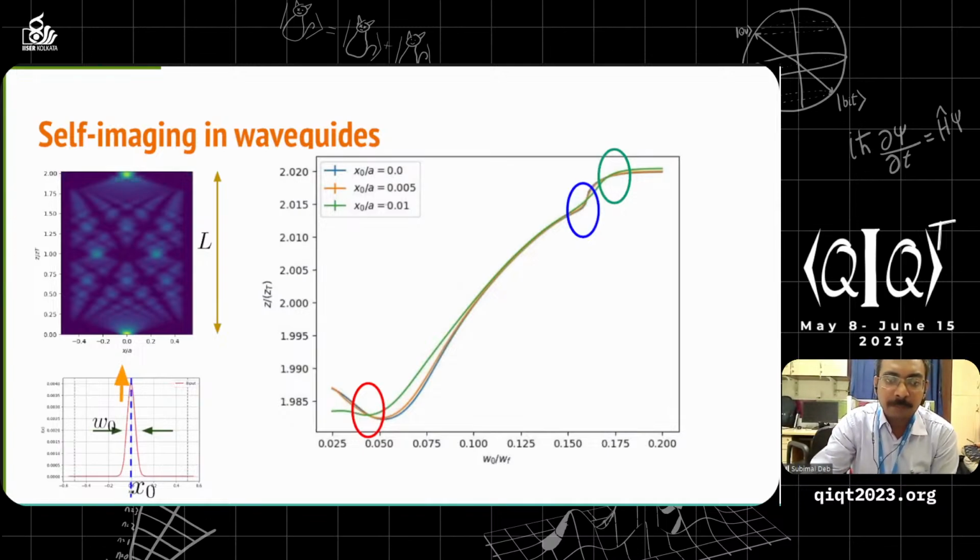And what would that mean? It would mean that irrespective of the offset, the self-imaging distance remains the same.